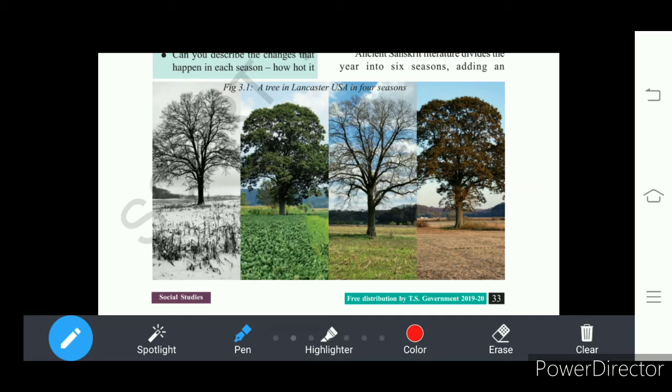No. Are the leaves ripening and the trees appearing green throughout the year? No. That means there are changes from January to December. Throughout the year, we find changes across the world in all places. So let us find out the reasons why these changes are taking place.